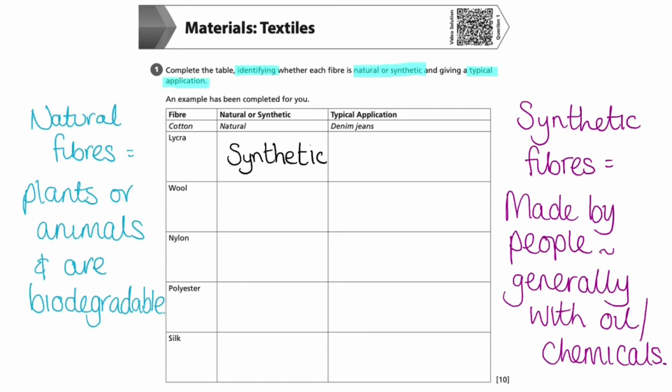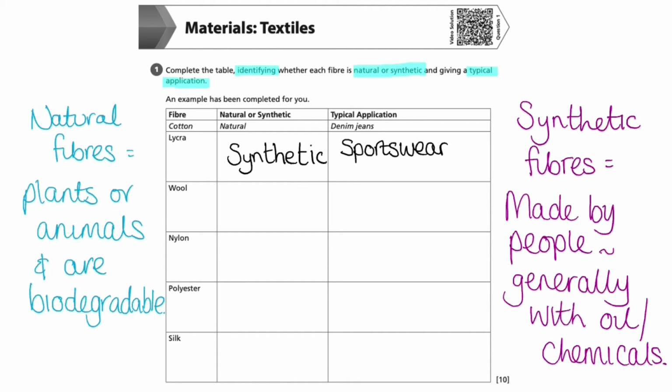Now, Lycra is a fibre that is produced from polyurethane chemicals, which means it is a synthetic fibre. Therefore, we must write synthetic in the first column for Lycra. I also know that Lycra has great stretch or elasticity, which is the ability of a material to return to its original shape when a force on it is removed.